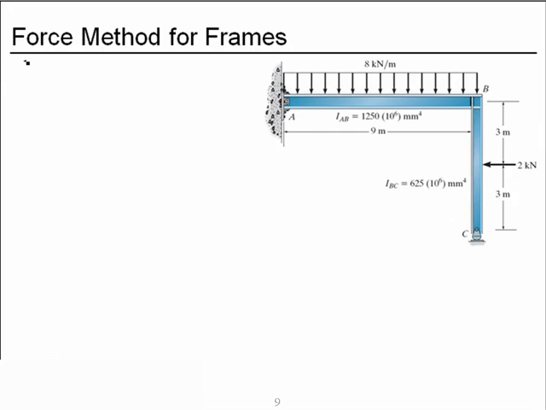Now we're ready for step 4. We basically get to do it all over again, because we're going to predict deflection of the primary structure, which, remember, means there is no rocker support at C, and we want that deflection due to the unit redundant.